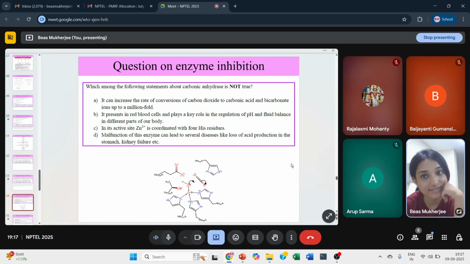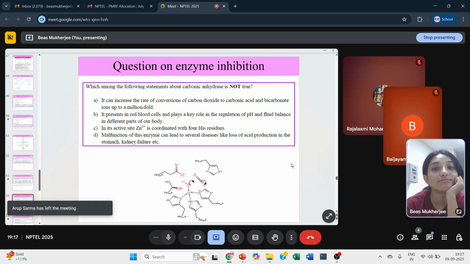It is present in red blood cells and plays a key role in the regulation of pH and fluid balance in different parts of the body. 3. It is an active zinc containing enzyme coordinated by 4 histidine residues. 4. Malfunction of this enzyme can lead to several diseases like loss of acid production in the stomach, kidney failure, etc.